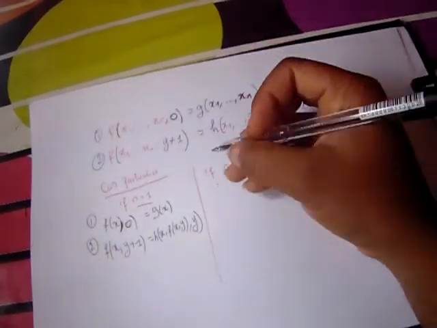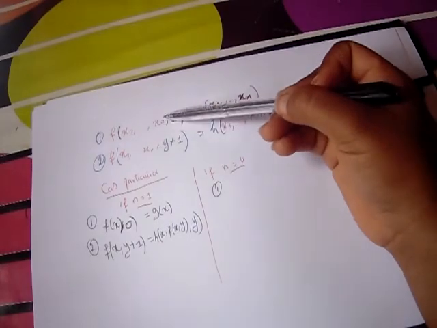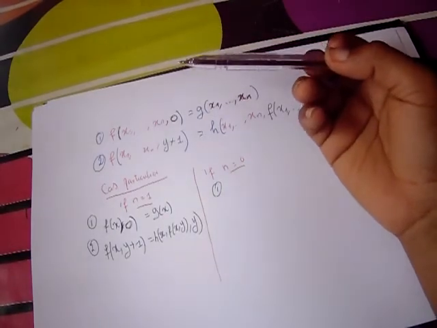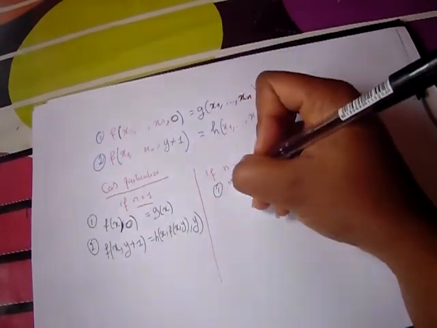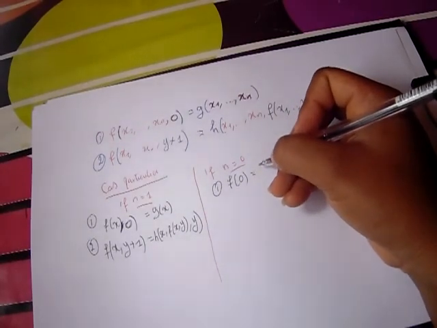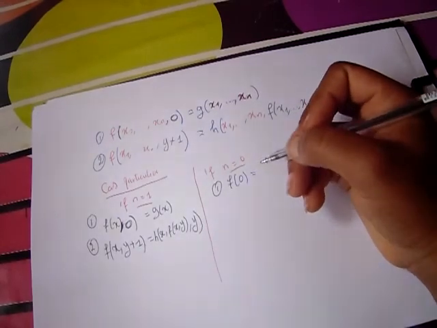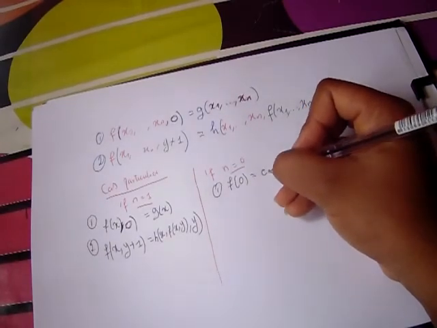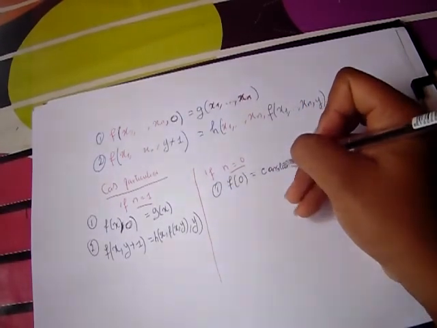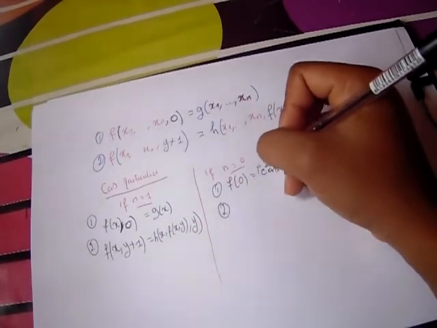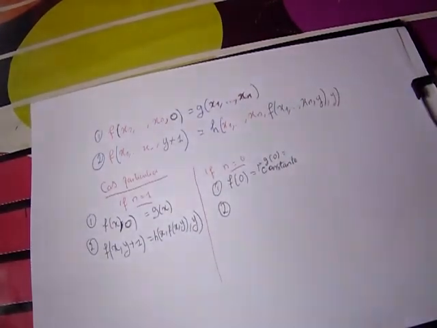Now, if n is equal to 0, same thing. The only thing here is n is equal to 0, but normally we start from 1. And so we don't have x, but we have 0. So our 0 remains. And so we're just going to have g of 0. So we have no variable. I remember when we said we don't have any variable, we take it as a constant. And so this becomes constant. We have g of 0, and g of 0 gives a constant because we don't have variables present.